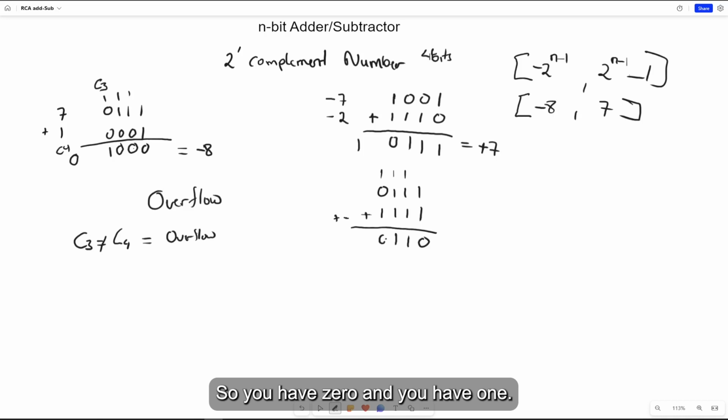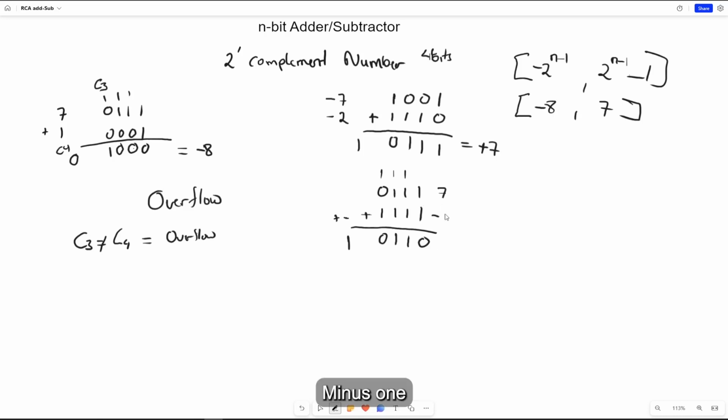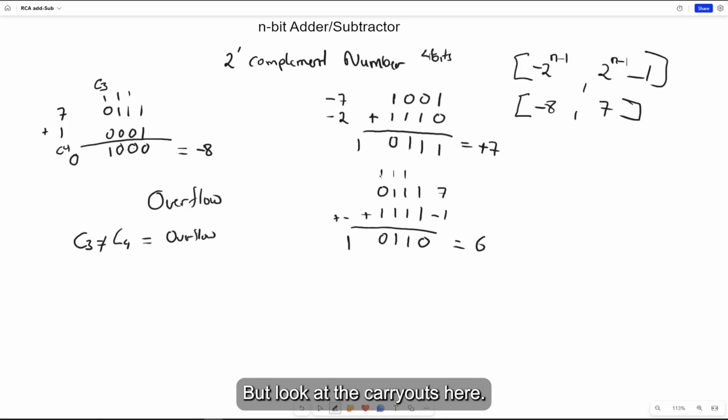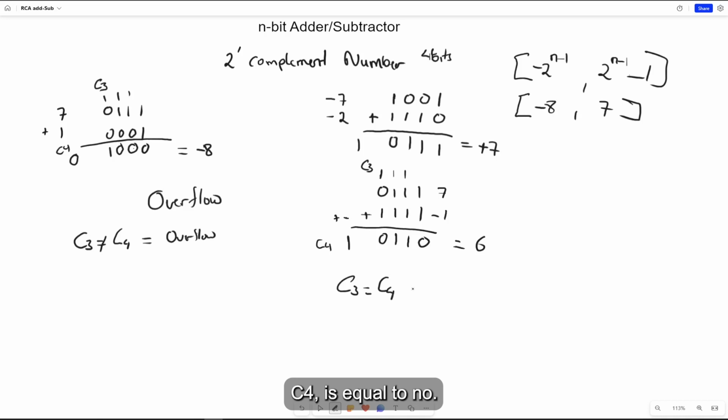So you have 0 and you have 1. So you can see here 7 minus 1 is equal to 6. So we have the right answer, but look at the carry outs. Here C3 and C4 are equal. So if C3 is equal to C4, there is no overflow.